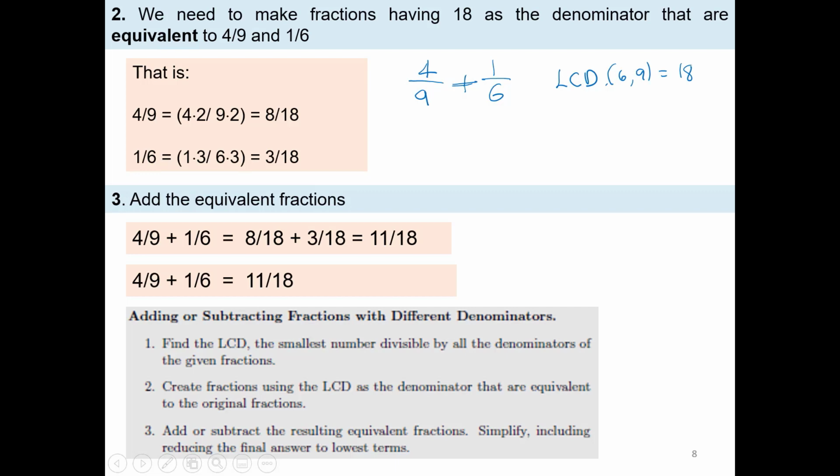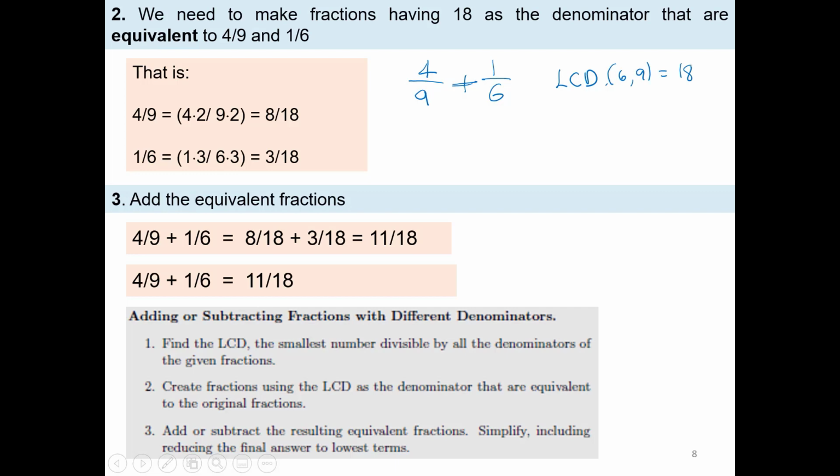Because we have 9 here, we need to multiply by 2. But if we multiply by 2 in the denominator, we have to multiply by 2 in the numerator also. We multiply by 2 on top and on bottom to get 18 as the denominator. So 4 times 2 is 8, and 9 times 2 is 18. We do the same procedure for the other fraction.